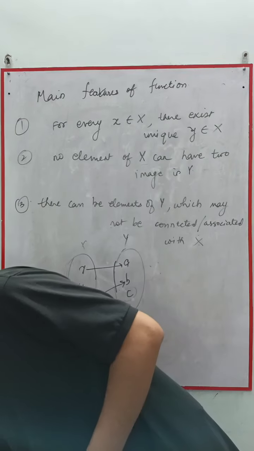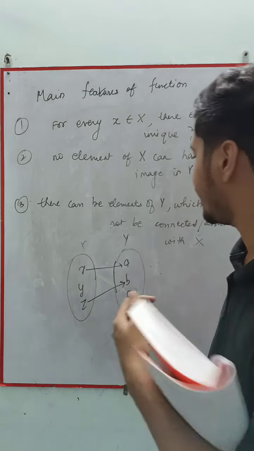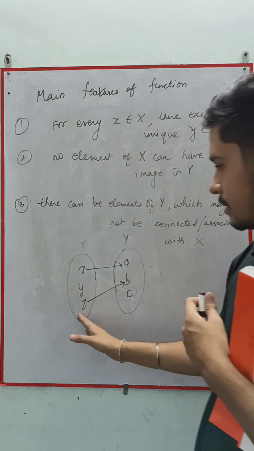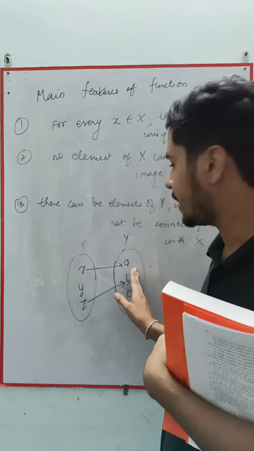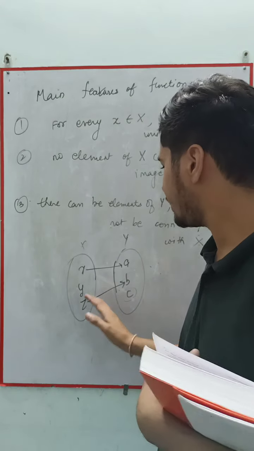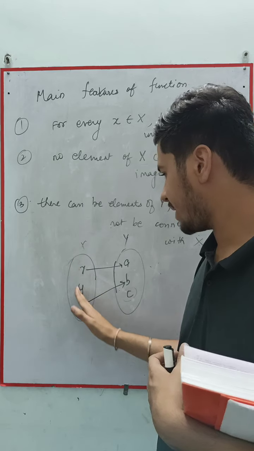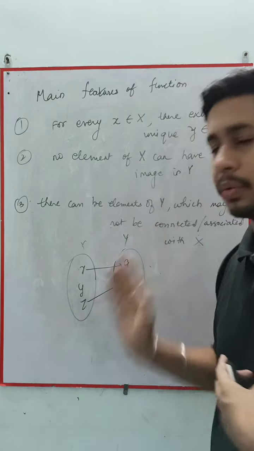These are the main features of this function. Two more features are there. Distinct elements of X may have the same sign in Y. Because "may have" is written, generally if there is a positive sign here, you'll get positive there, or if it is negative, you will get negative.